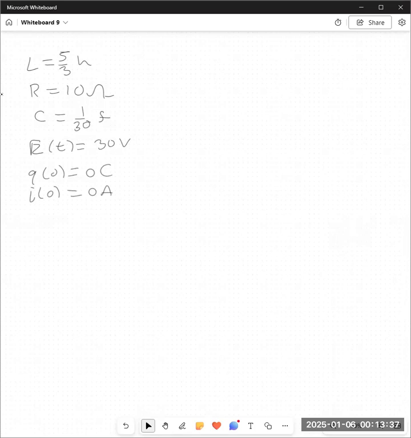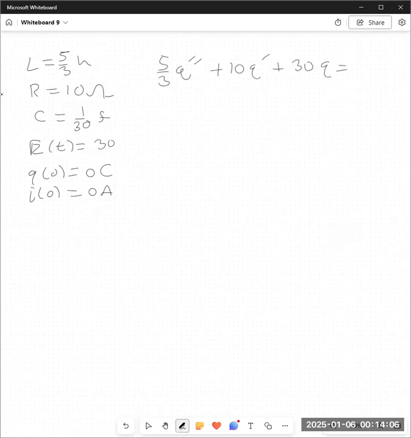So I'm going to write our equation here: 5/3 of Q double prime plus 10 Q prime plus the reciprocal of 1/30th, which is 30, Q, equals 30.